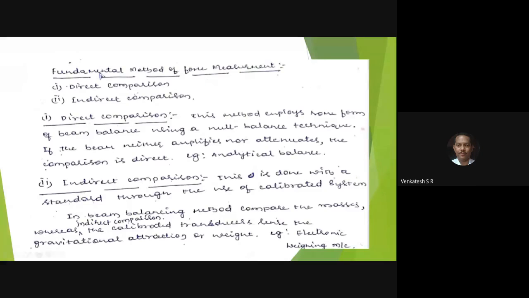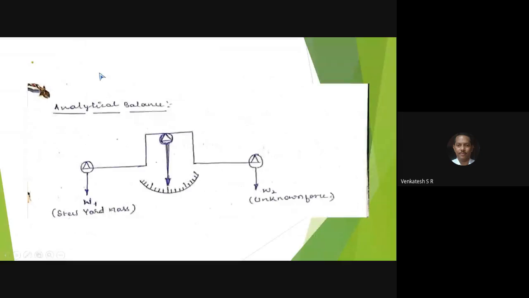Let's come to the analytical balance. This is a very good example of a beam balance, or symmetry of the balance. There will be two pans placed on triangular sharp edges. On the right side and left side, there will be two triangular sharp edges. On them, they keep the weights W1 on the left and W2 on the right.